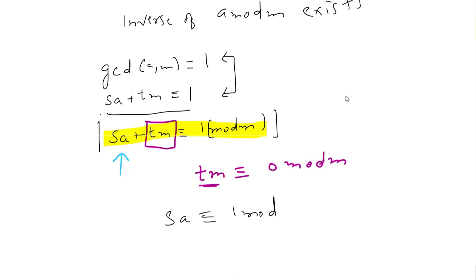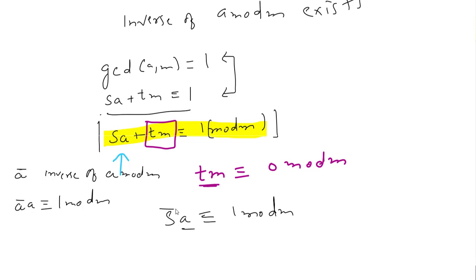Now, if you look at the definition of the inverse, where we discussed that A inverse times A has to be congruent to 1 mod M, then A inverse is the inverse of A mod M. So in this case, we have A and we have 1 mod M, so it is exactly the same.